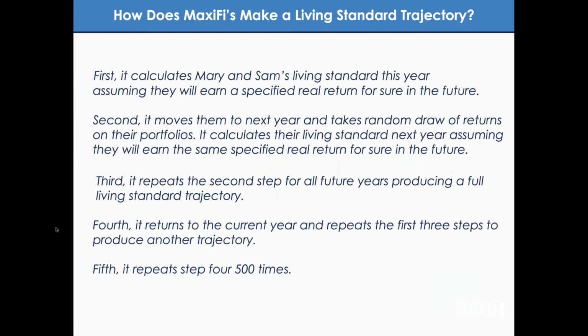At this point, they're age 56 and 57 or 58, and then we again take random return draws and figure out what they're going to spend, again under this very conservative assumption. In this process, we are producing a trajectory of their living standard. And once we've got that whole trajectory, we go back to 2020, and we start the whole process all over again.